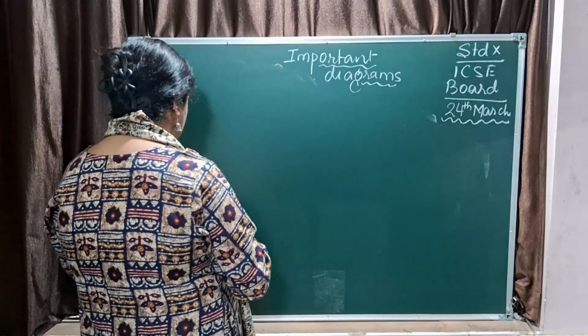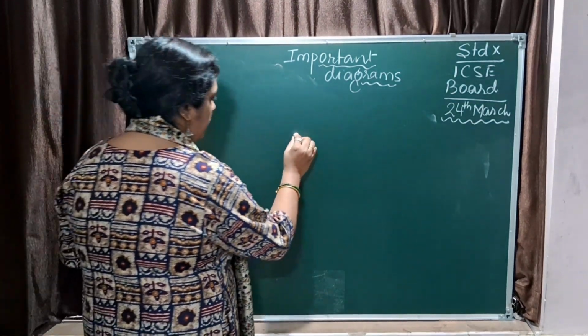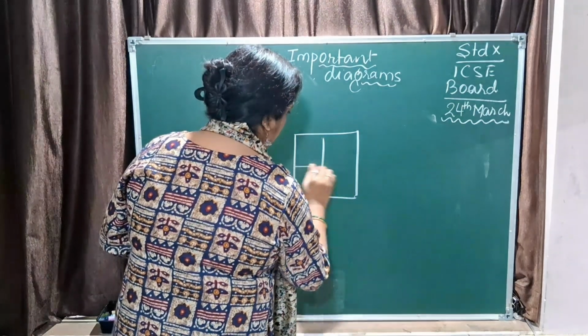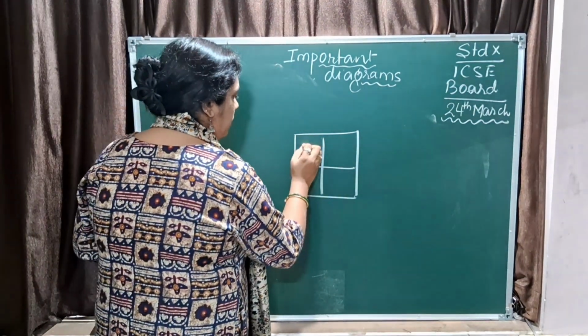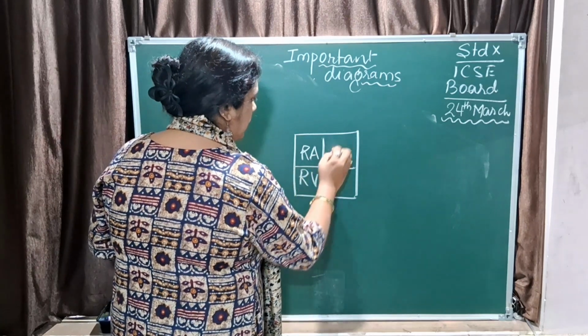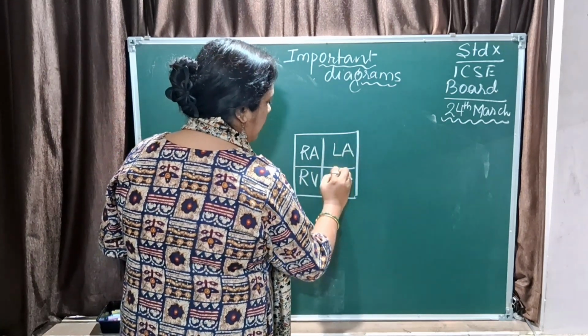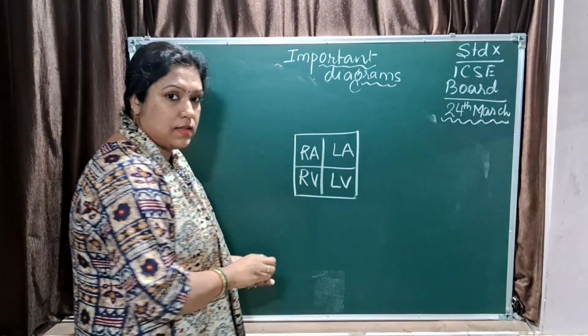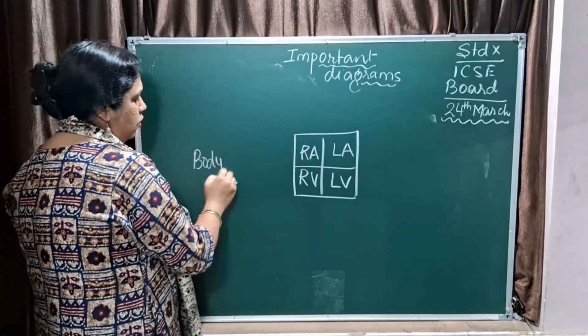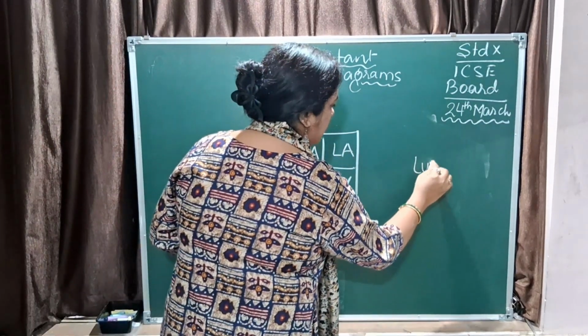So let us have the heart. You have the right auricle, the right ventricle, the left auricle, and the left ventricle. Yes, you have your body, you have the lungs.